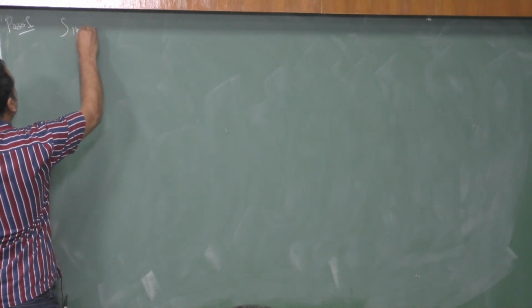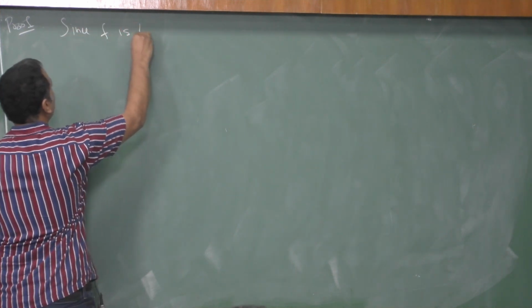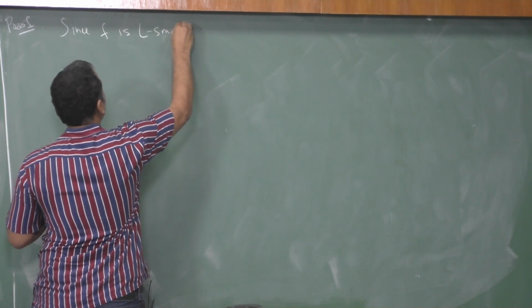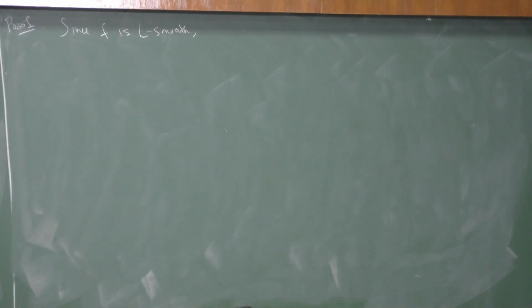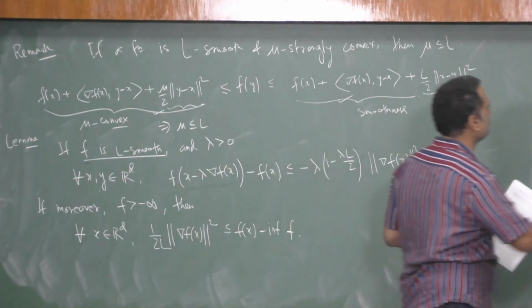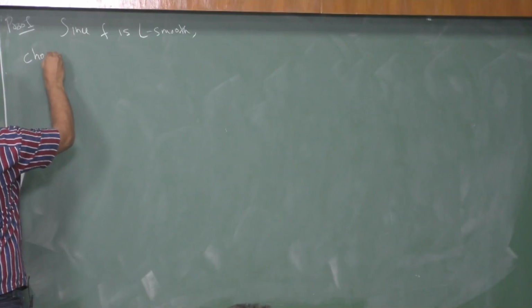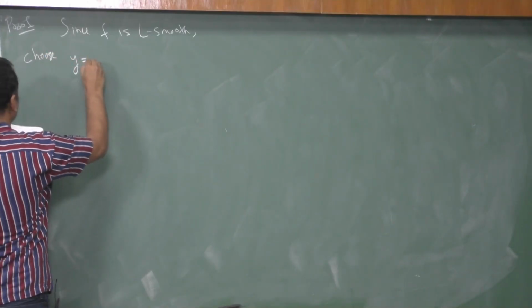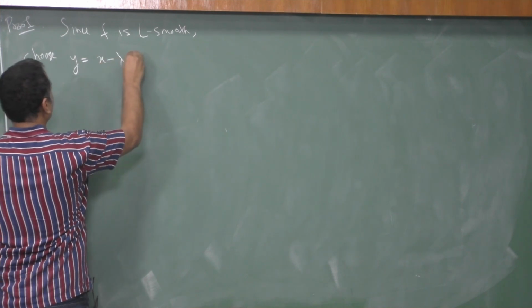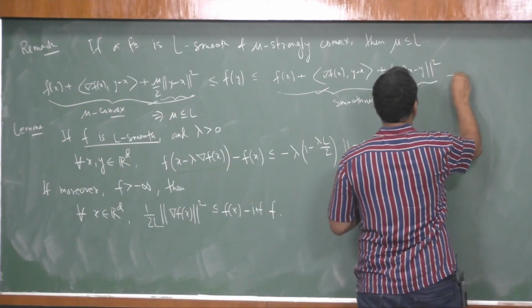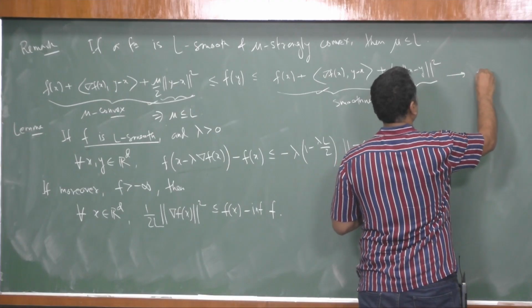Okay, so since f is L smooth, and it looks like y should be x minus lambda grad f(x). So we choose y to be x minus lambda grad f(x), and we can call this star.